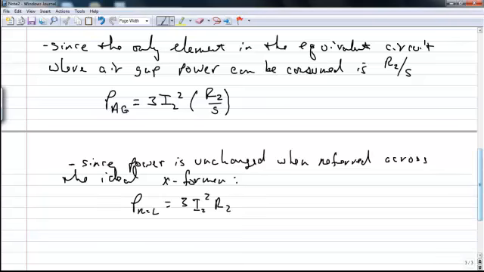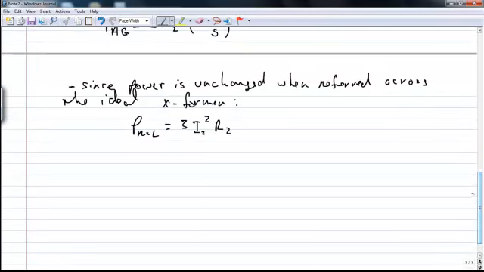And the remaining power has to be the converted power. So we have our air gap power, which can only be consumed in R2. We have our rotor copper losses, and whatever remains must be converted into mechanical energy.